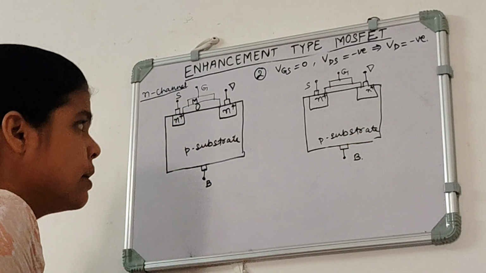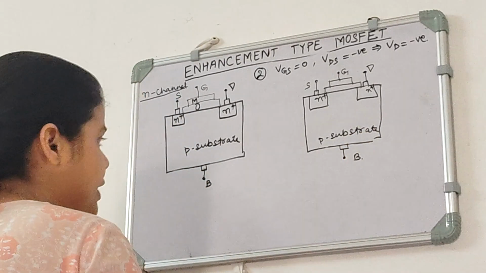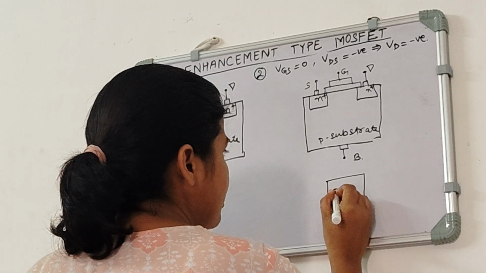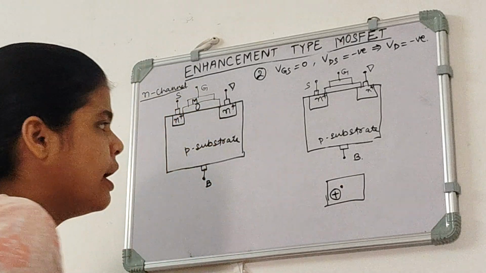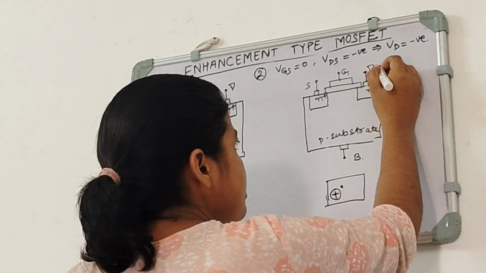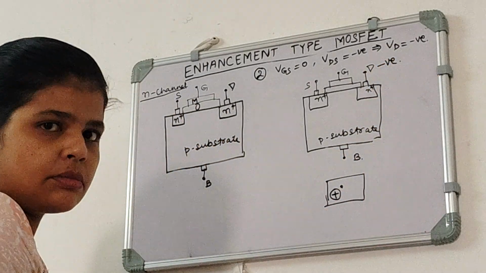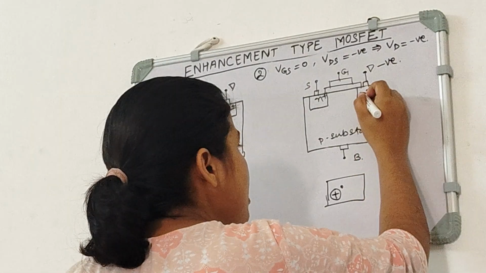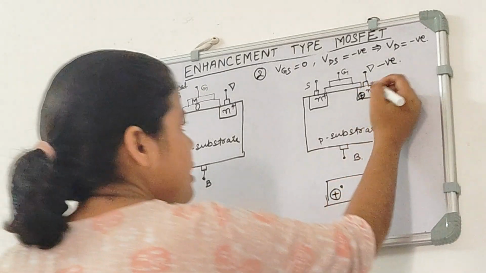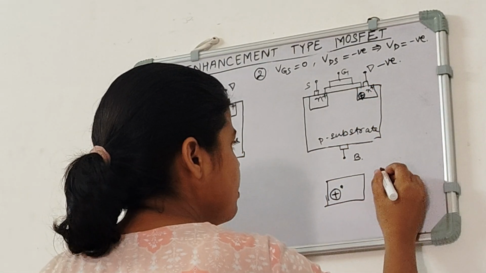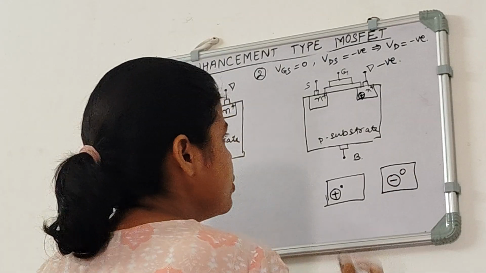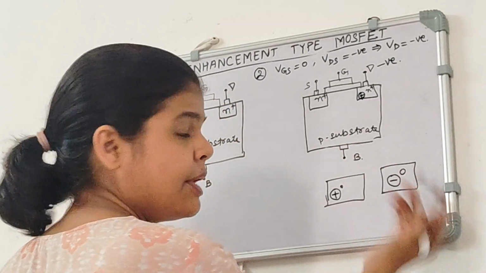And we know that our N type material looks like this: positive ion paired with electron, and there are many such pairs. So when we apply here negative voltage, here we will have a positive ion in this, and we know that our P substrate, that is P type material, looks like negative ion paired with holes. So in P substrate we will have negative ion paired with holes.